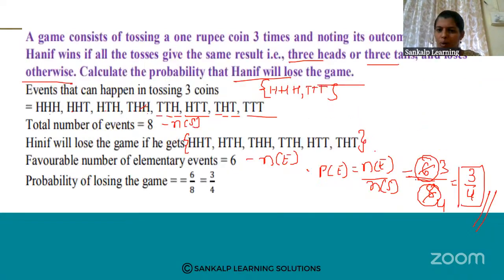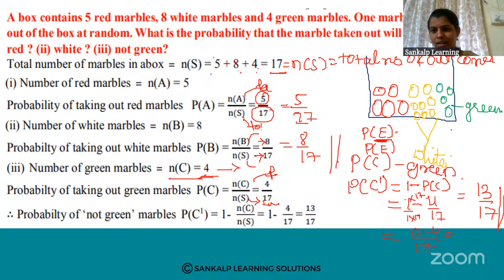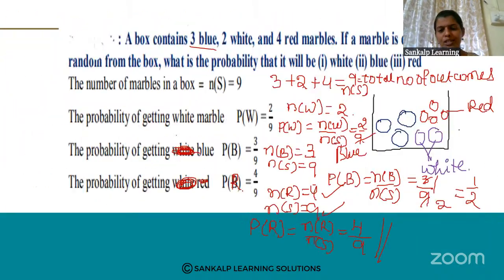Whatever problem is given, we must observe the total number of outcomes. First find the total number of outcomes, and call that total number of outcomes n of S. Next find the probability of what they have asked, which we can call n of A, n of B, n of C, depending on what is asked. So the number of favorable outcomes divided by the total number of outcomes gives you the probability P of E. So it is simple, right? This topic is interesting and also simple. I hope all of you understood very well.